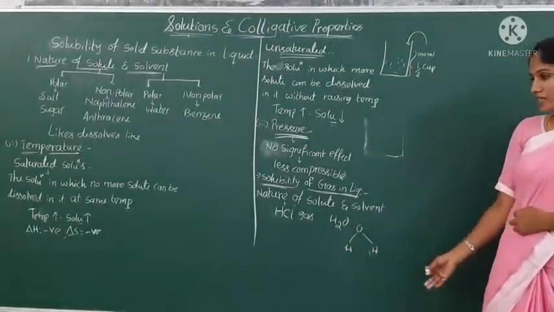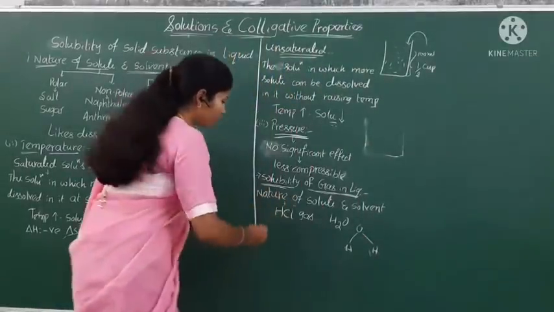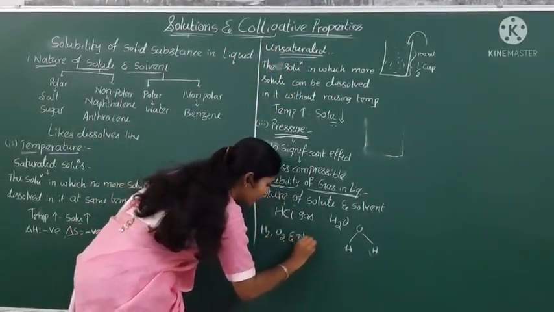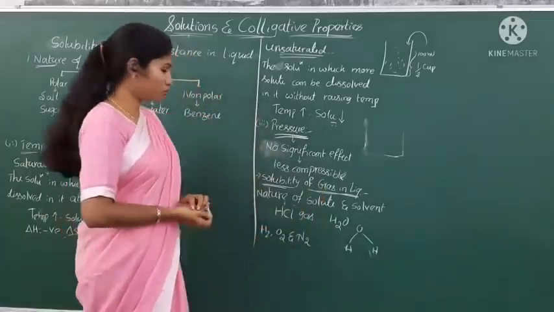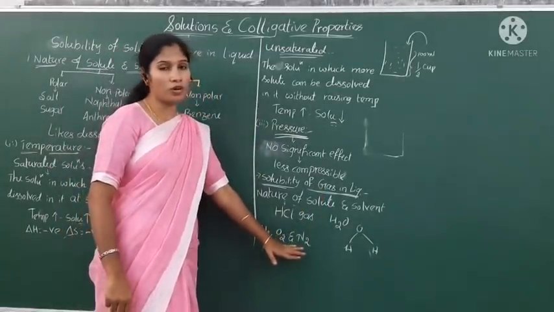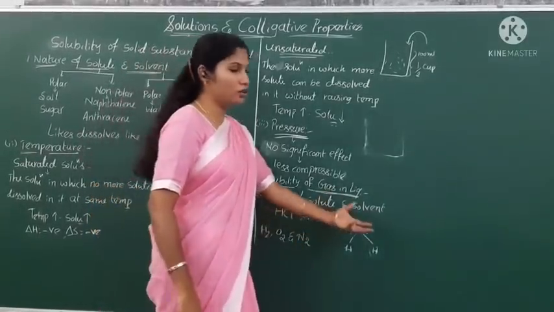Next, suppose we take the examples H2, O2 and N2 gases. These are also gases, but they are non-polar gases: hydrogen, oxygen and nitrogen. They can't dissolve in water.